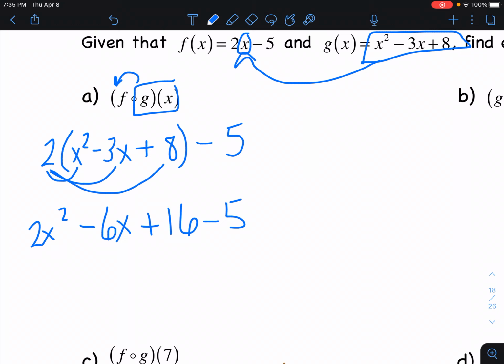And then we can combine like terms, these two guys here. 16 minus 5 is 11. And we stop there at this trinomial because those three terms are not like terms. So there's my answer. Function composition, f of g of x. We took the function g and put it in for the x's in function f.